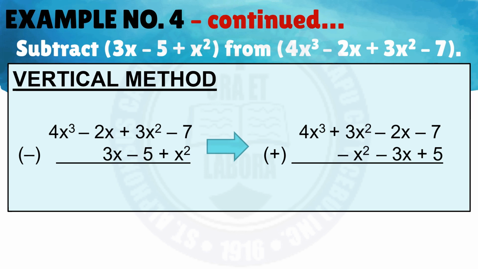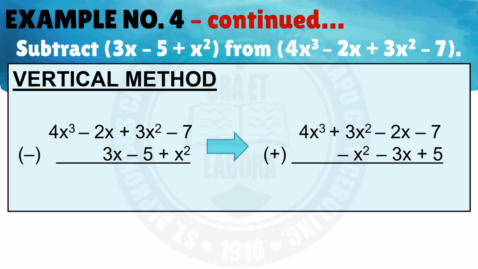So in our first polynomial, 3x squared is next to 4x cubed, and for our second polynomial, negative 3x is next to negative x squared, and so on. So there must be a decreasing order of the exponents when we arrange the terms in a polynomial.